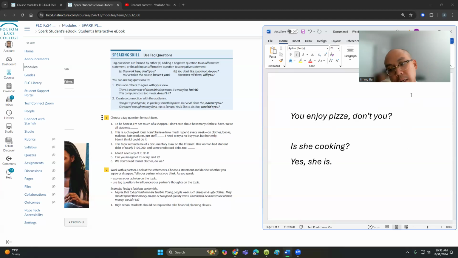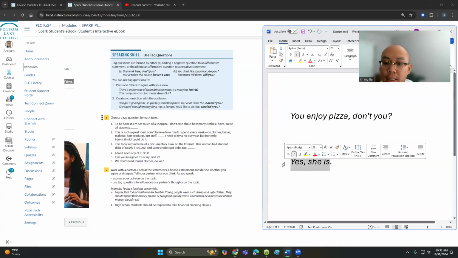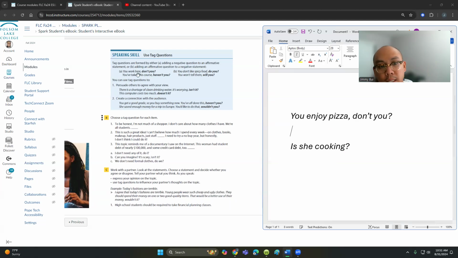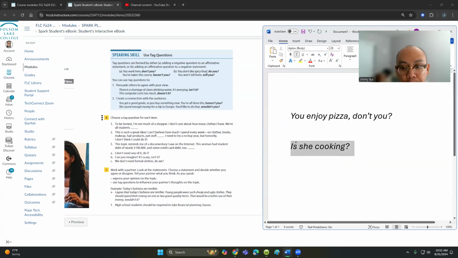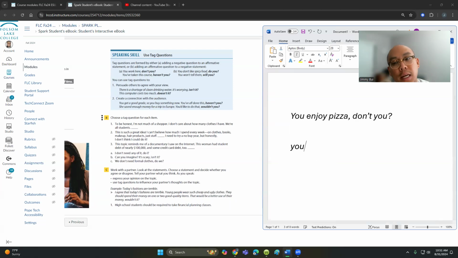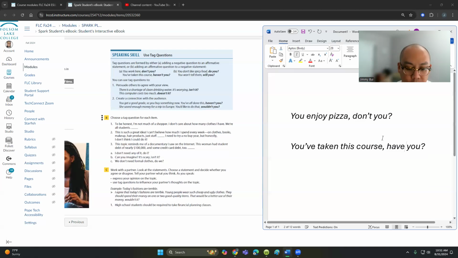Yes, she is, right? We don't have contractions put together in this positive statement. So in this case, the tag questions, we're not going to separate it, and you're going to use it as a contraction. You've taken this course, have not you? No, haven't you? Okay. Again, the meanings are the same as far as speaking, contractions in this case.